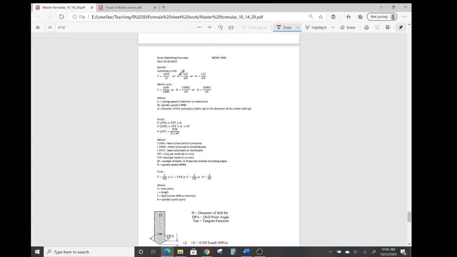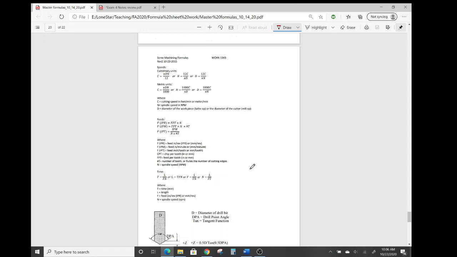So let's say you started out with 3 inches and your finished part is, I don't know, 2.5 inches. As you're turning it and it's getting smaller in diameter, you'll see the rotation speed of the machine speed up, and the machine does that for you. Now, in a manual machine, you may have to stop somewhere in there and change the speed.